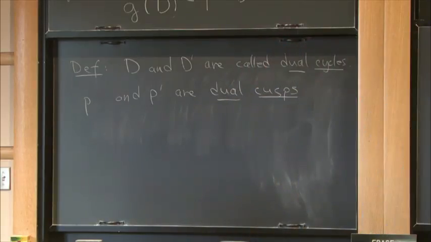So in particular, there's a notion of duality of cusp singularities. And the dual of the dual is the original thing, because given any contractible cycle, there's a unique Hirzebruch-Jung surface that contains it, and the other cycle it contains is uniquely determined as the dual cycle. So that's actually a way to define duality of the cusps.